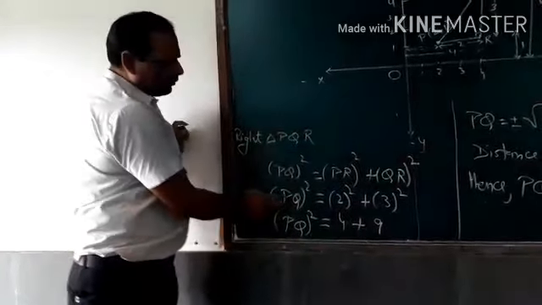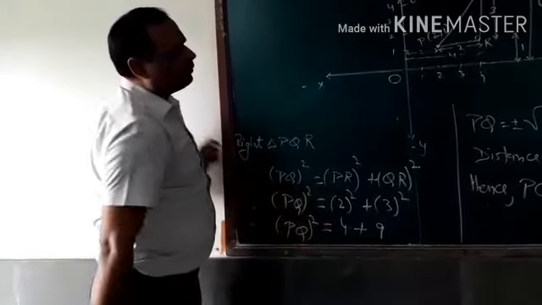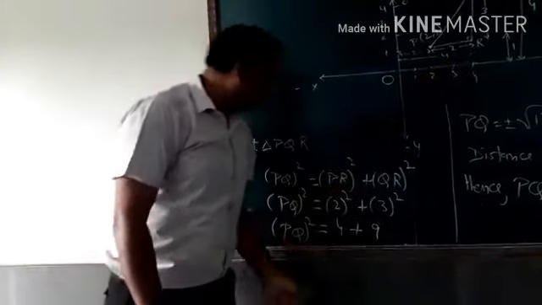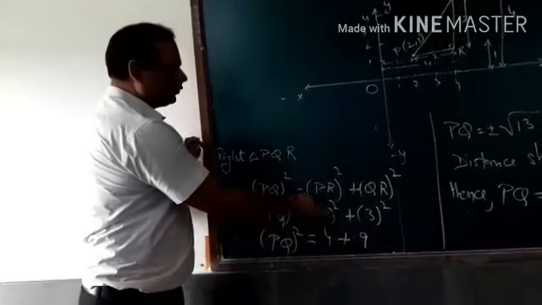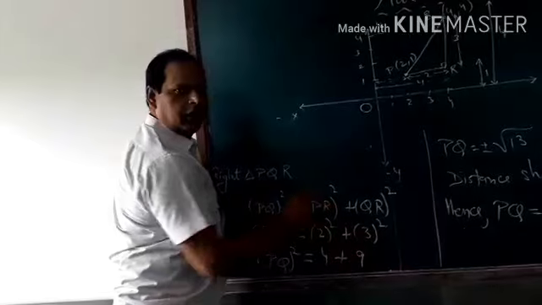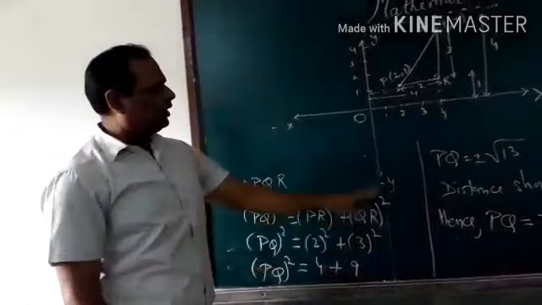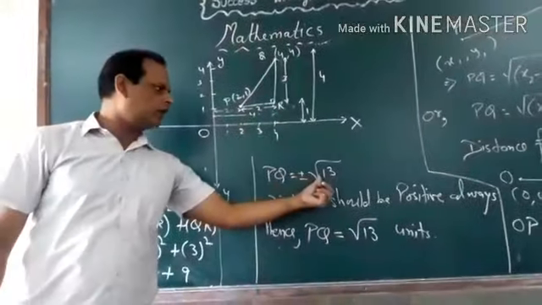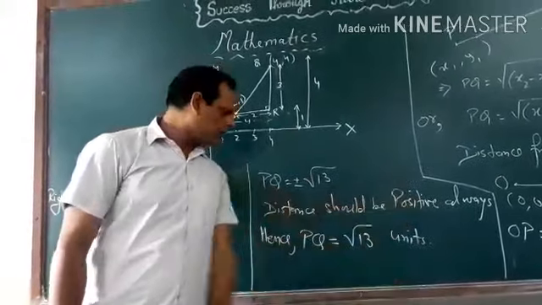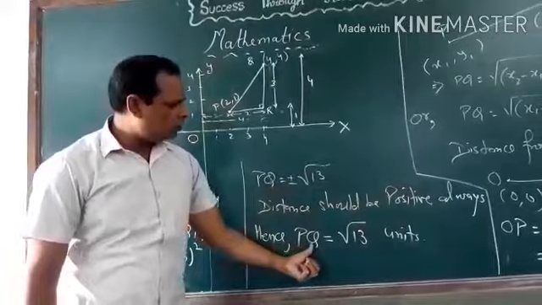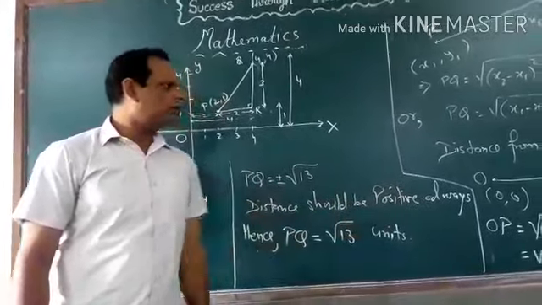So students, PQ square equals, placing the value of PR, which is 2, and QR value is 3. The square of 2 is 4, the square of 3 is 9. After calculating the PQ value, we got plus minus root 13. But distance should always be positive. So PQ equals root 13 units.